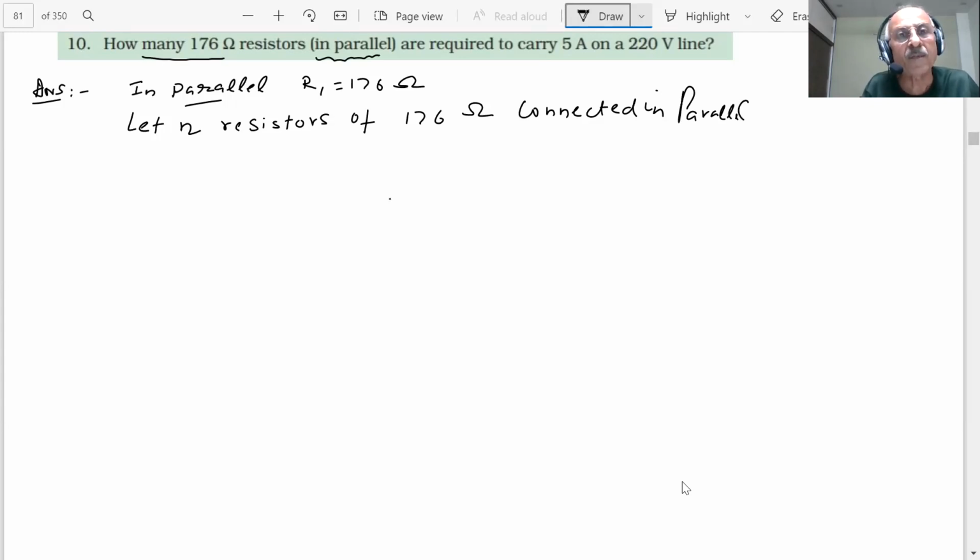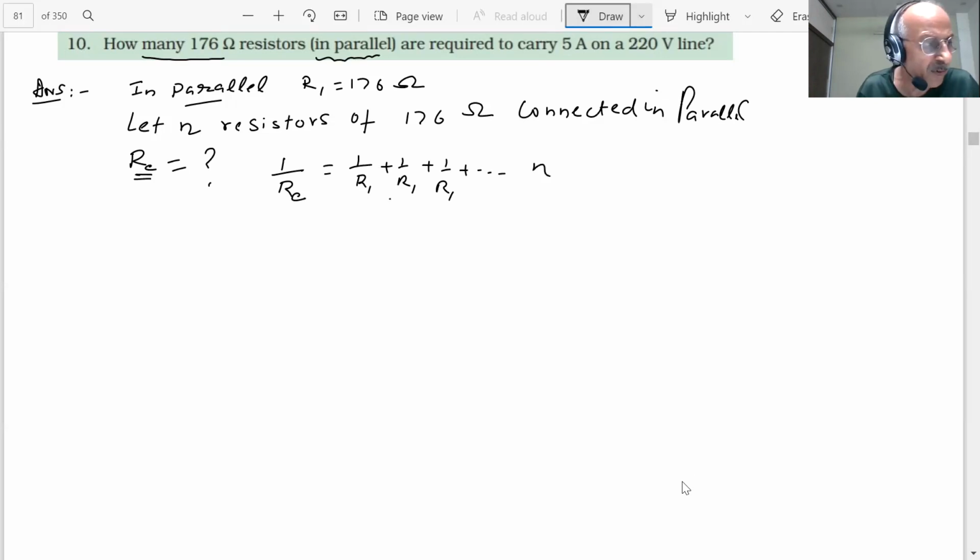Then what will be the effective resistance? What will be R effective, student? If I connect n resistors of 176 ohms in parallel, what will be the R effective? It is given by 1 by R effective is equal to 1 by R1 plus 1 by R1, n times.